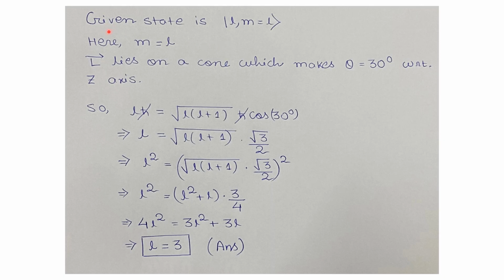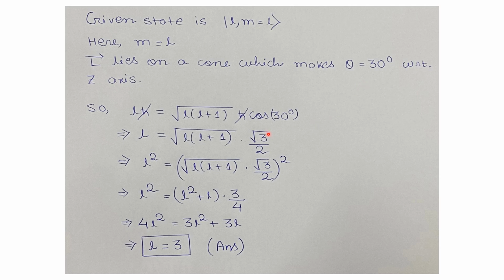According to the question, it is given that the state is |l, m⟩, where m = l. Again, the orbital angular momentum vector L lies on a cone which makes an angle 30 degree with respect to the z axis. So we'll put m = l and θ = 30 degree in the previous equation.